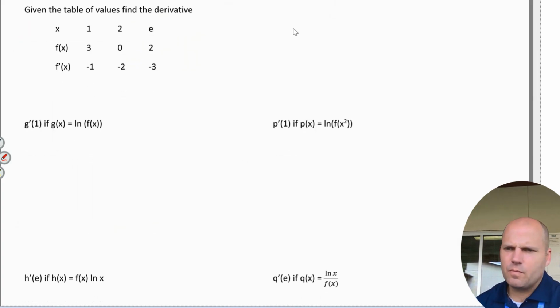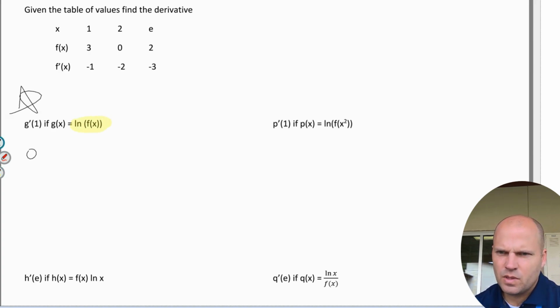All right, cool. Finishing up with some table problems. Log f of x being the most important one. Log outside, f of x inside. 1 over f of x.